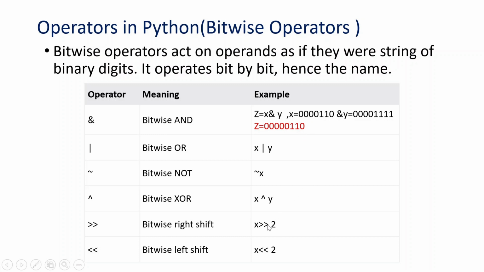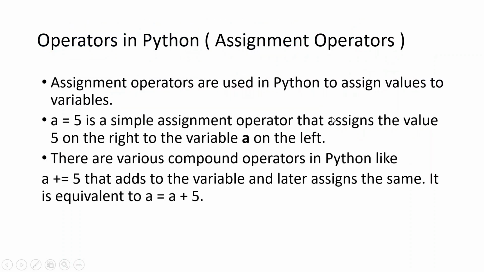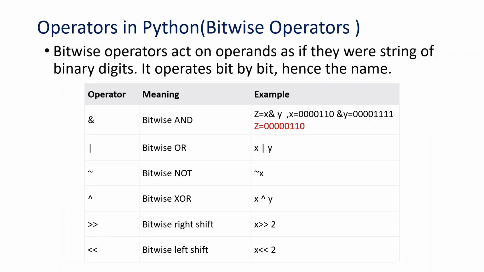Suppose I use x as 00010 and use this right shift operator, it will be shifted to the right by 2 bits. So this 0 is shifted to here, this one is shifted to here, and this one is shifted to here. In that way 2-bit shifting happens with the bitwise operators.